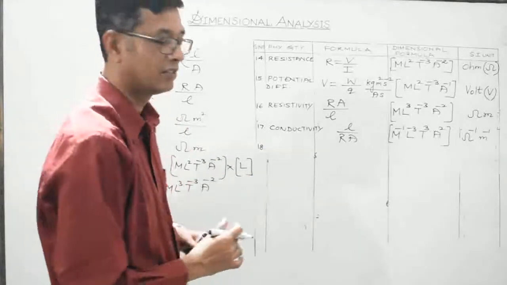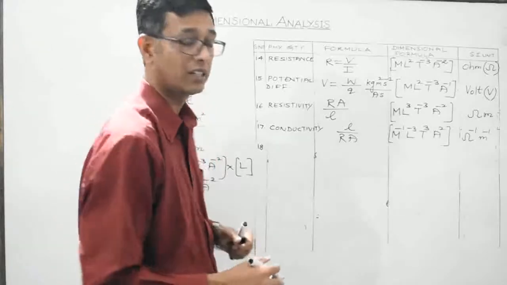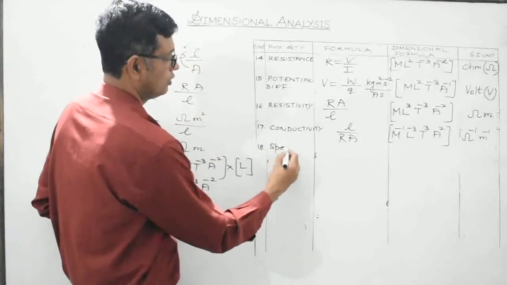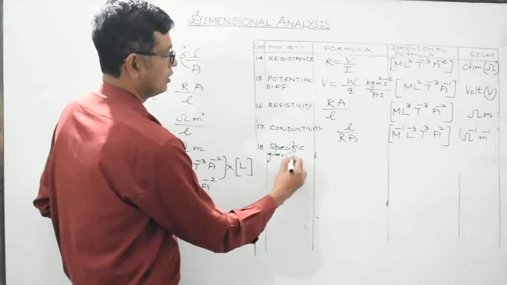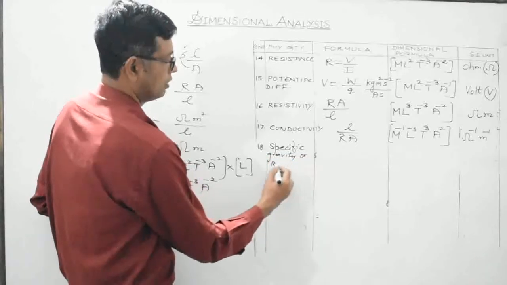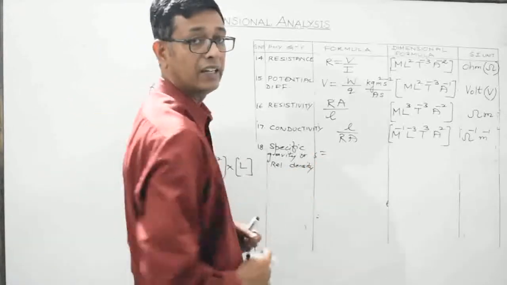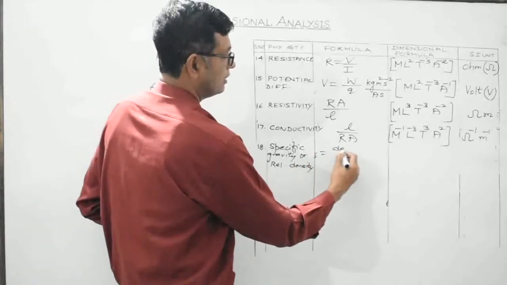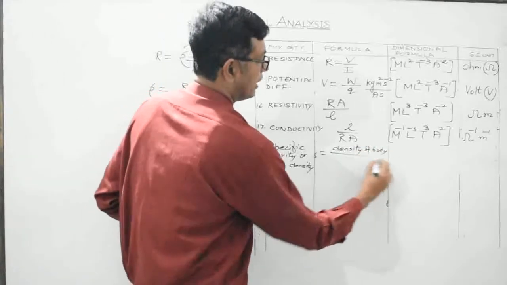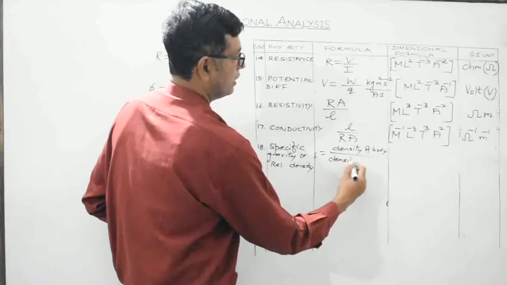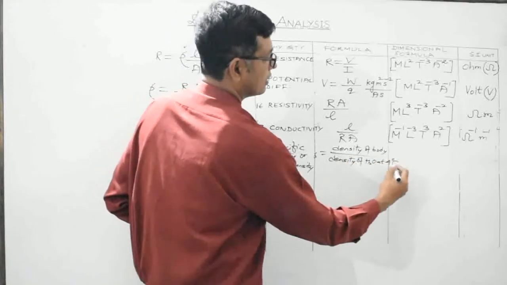Specific gravity. This you must have done in class 9th, specific gravity or relative density. It is defined as density of the substance divided by density of water at 4 degrees Celsius.